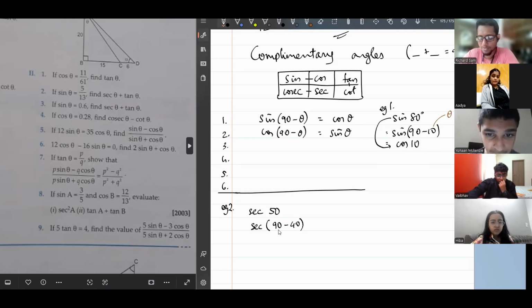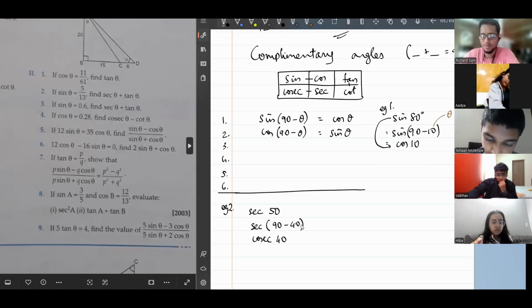So now it's in the form of 90 minus theta. And then we'll convert sec into its complementary function, which is cosec. So what's the answer? Cosec 40. You understood? The theta is the 40 now. So sec 90 minus theta is written as cosec theta.